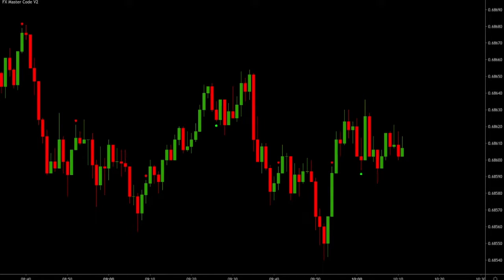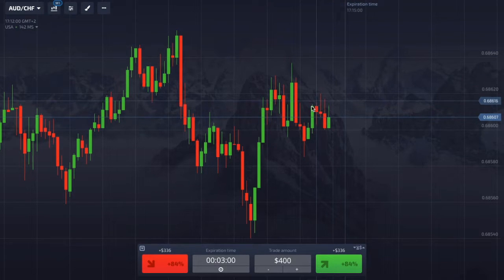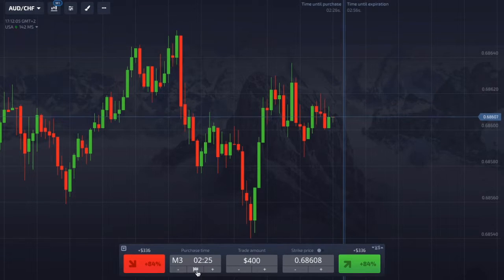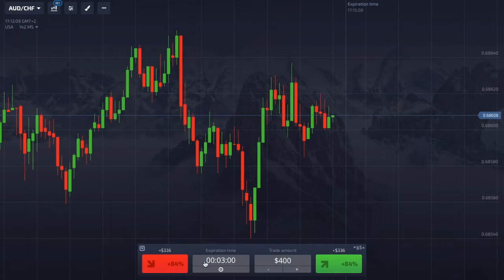So if we look on the chart here, we see that we had a sell and we wait for the close of the candle and we enter right away on the next candle. Using 3 minutes, on our binary broker here, if we click this icon down here, it will be set to 3 minutes from the time we enter.